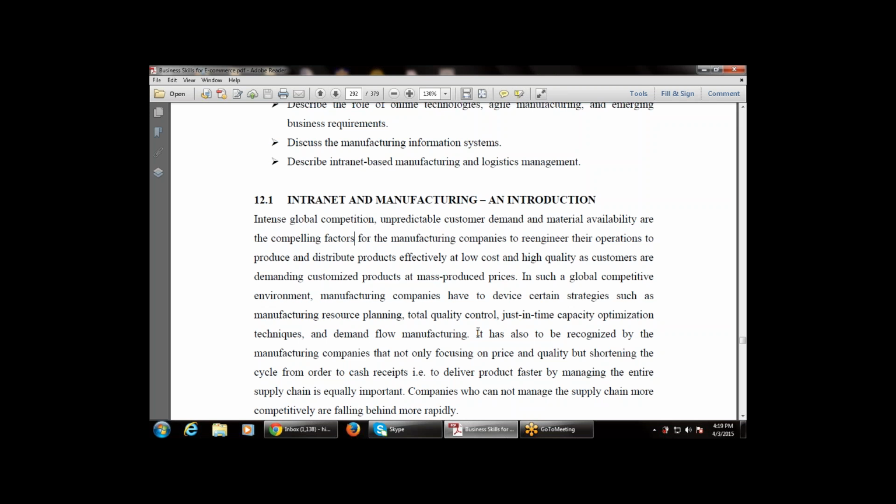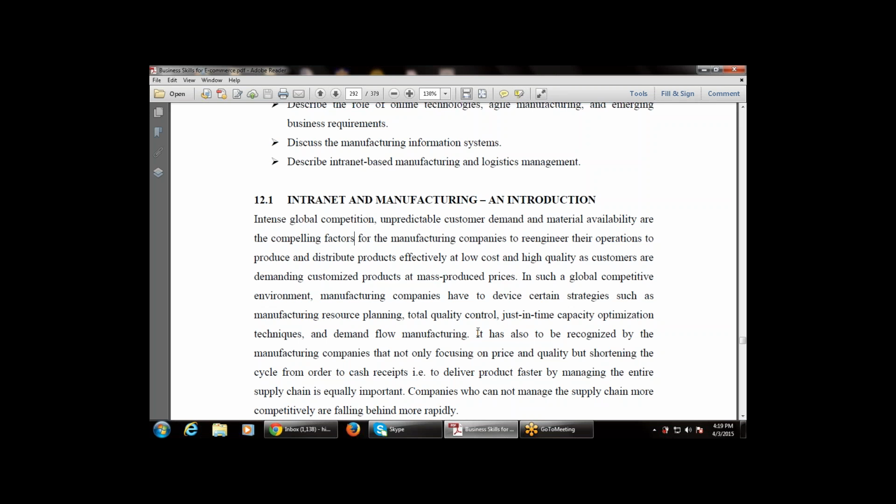These are the various strategies used so that manufacturing is done in an effective manner and the customer is satisfied.